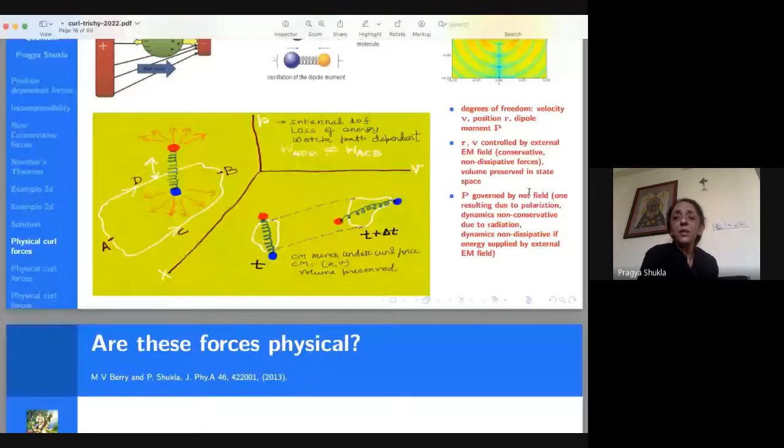The net field is constantly changing, for a very important reason: the dipole is radiating. And the dipole radiating means there is a loss of energy, or even if I don't want to use the word loss, there is a change in energy. So there is a dissipation.